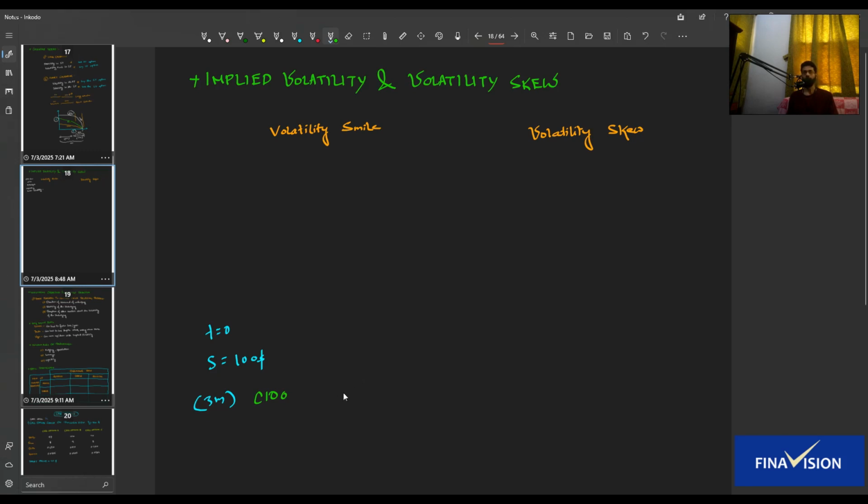Then call of 110, again 3 months expiry. Then call of 120, again 3 months expiry. Then the 130 call option, again 3 months expiry, like this, 140, 150. So we're looking at these 6 call options, okay?